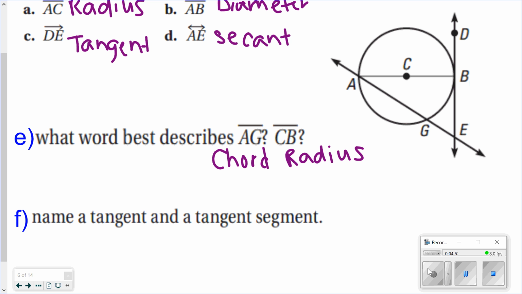Next, we want to name a tangent. Now we already named a tangent in the first part, ray DE, so we don't want to reuse that tangent, but we could call this tangent BE. So a tangent would be BE.